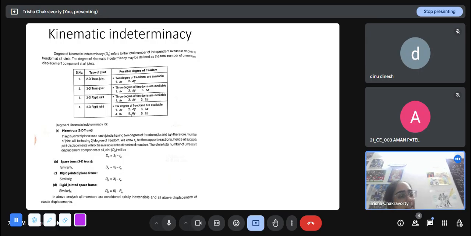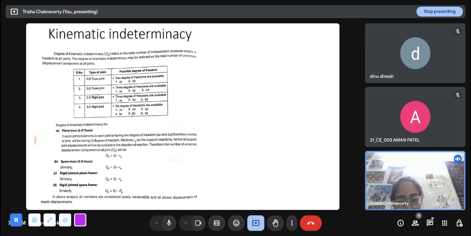So what it basically says is that suppose there is a truss with 10 joints, and there is a hinge support on the left end. That node is part of the 10 nodes. But since it is a hinge support, the delta x and delta y at that joint are restrained. So in this Re, I will add 2 for the hinge support, since the x and the y displacement at that joint is restrained.